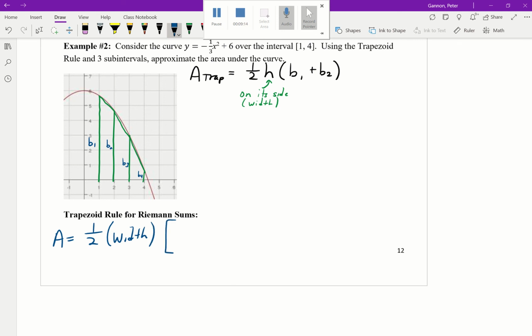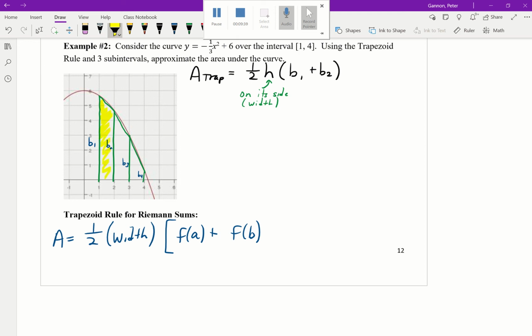What ends up happening is f of a is going to represent base 1, so it's f of a plus f of b, which represents base 2. So it's f of b.